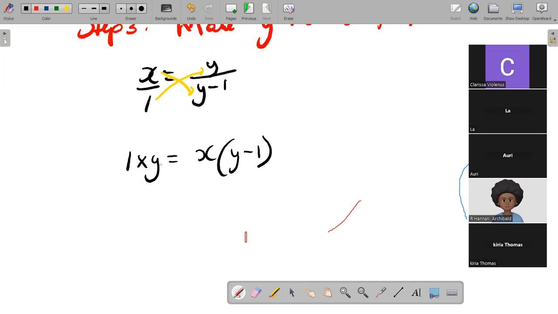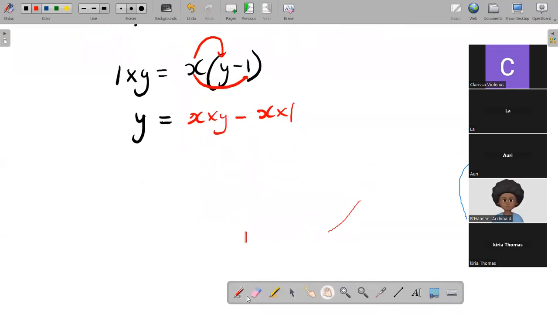So I know 1 times y is y equal to, and you always get rid of your brackets. So we multiply x times y minus x times 1. All of this is algebra that we did before in expanding brackets. So what we're going to end up with, y is equal to xy minus x.